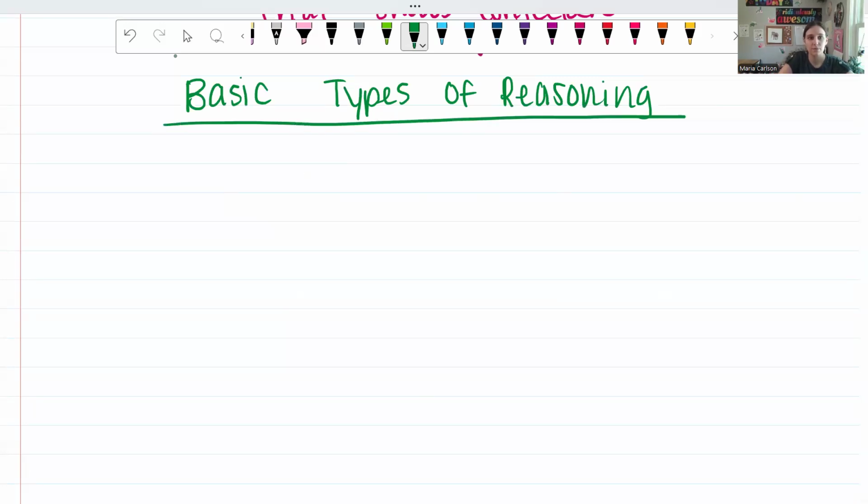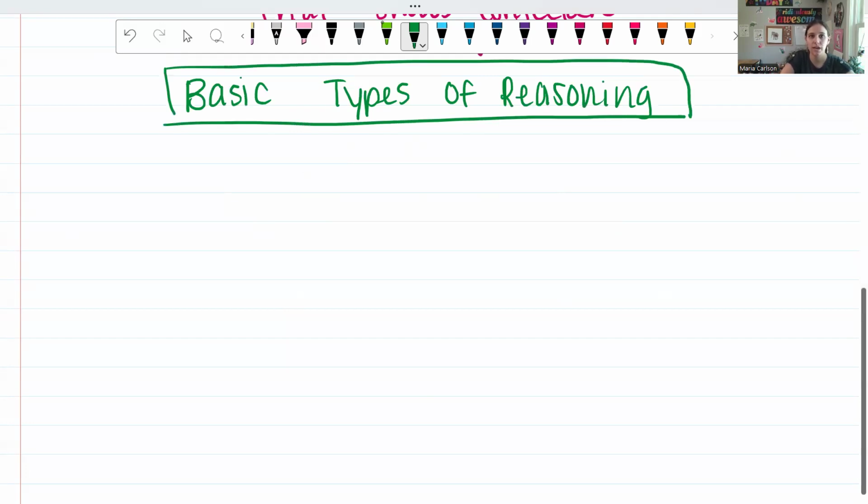So our basic types of reasoning, there are two main types. We have inductive reasoning and deductive reasoning.